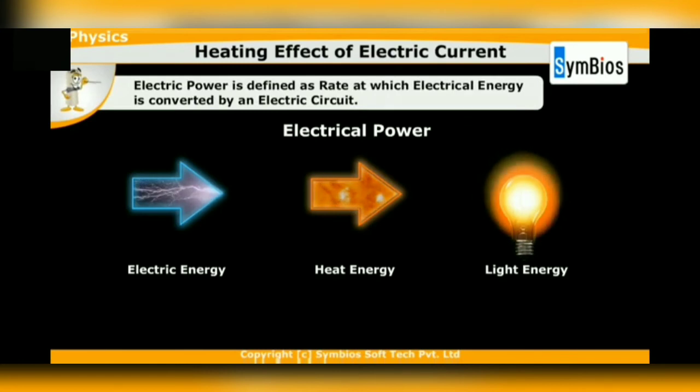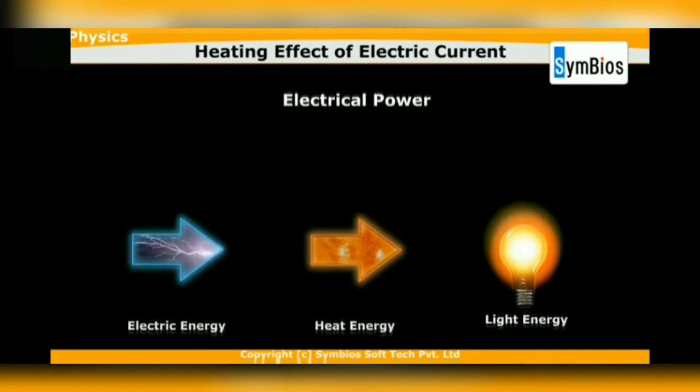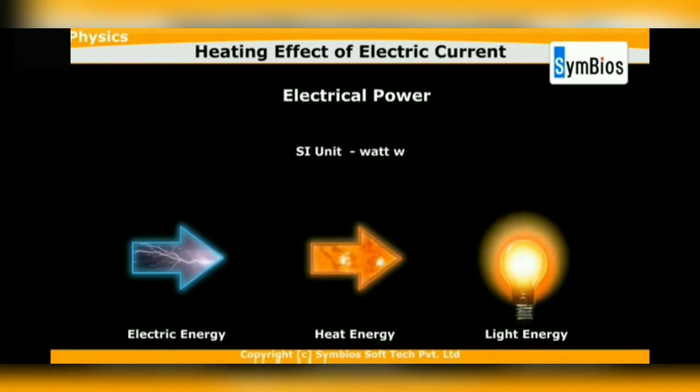Electrical power is defined as the rate at which electrical energy is converted by an electric circuit. The SI unit of electric power is watt, indicated by W. It is given as a product of voltage and current.